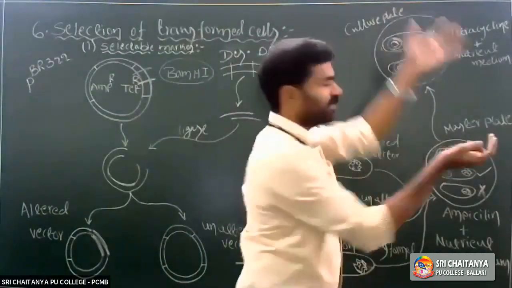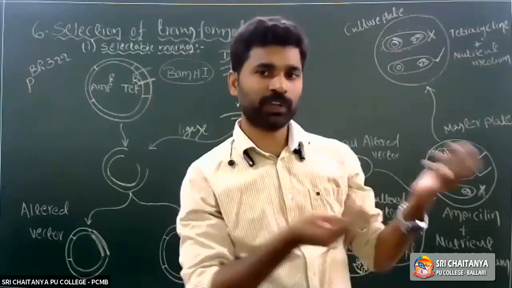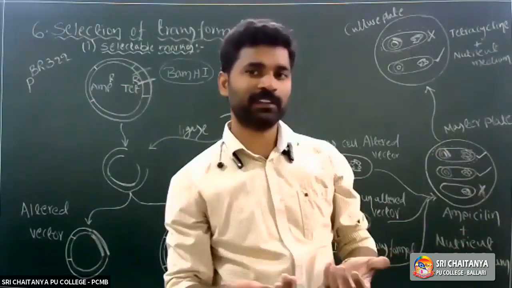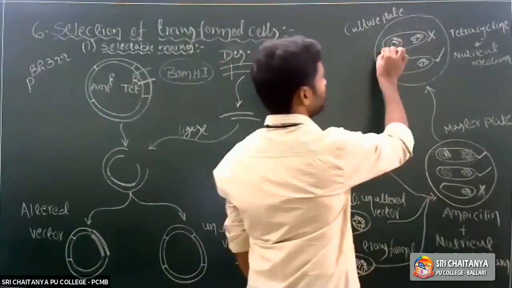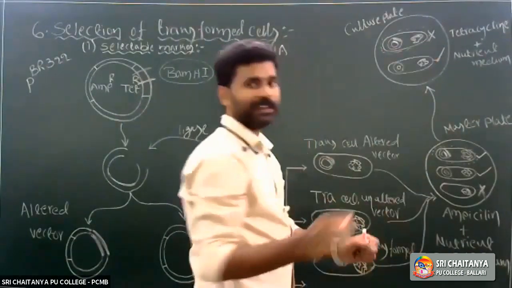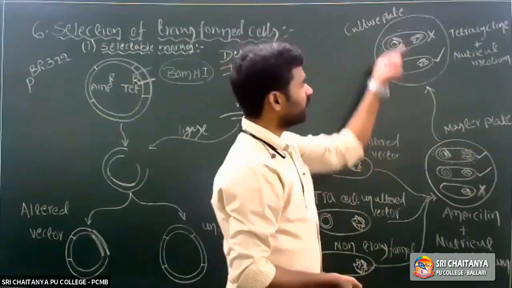So we observe these two plates at a time under the microscope. The bacterial cells of the two plates are observed at a time under the microscope, right? Then, based on the phenotypical characters, we can easily identify which are recombinants and which are non-recombinants, right? So these are recombinants.